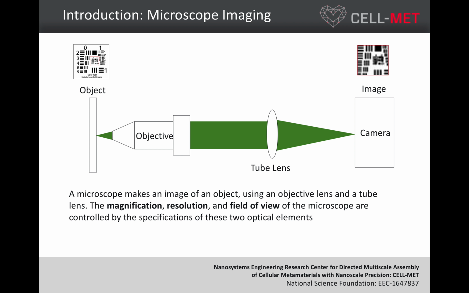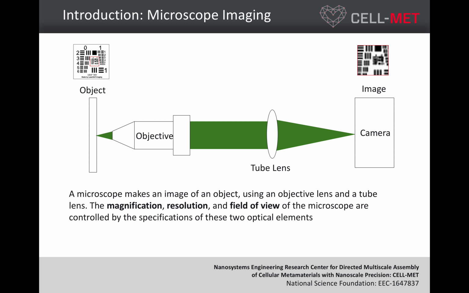And these three factors are actually controlled by specifications of these two optical elements. You can either change the magnification of the objective, or you can change the focal length of your tube length, or you can change the distance between them two.